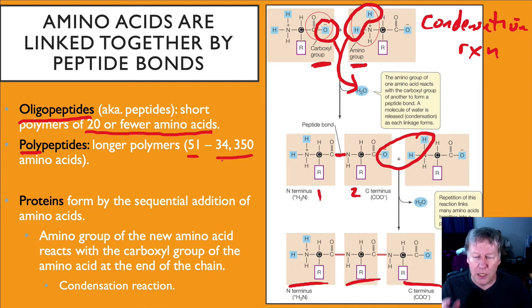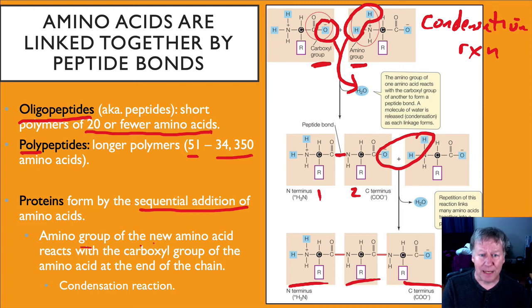Proteins are huge molecules, and they can be constructed of tens of thousands of amino acids to form the final protein. So a protein is formed by sequential addition of amino acids. So it's many amino acids linked together that will ultimately form a protein.